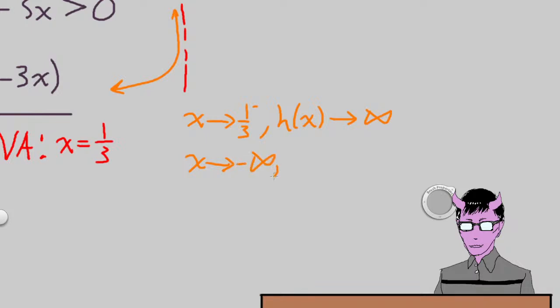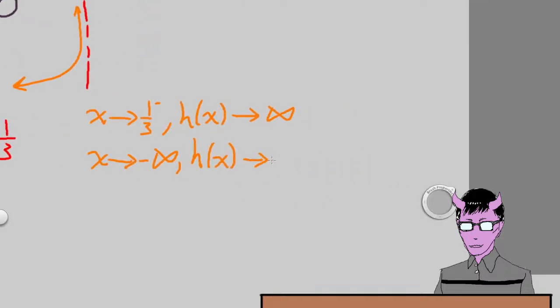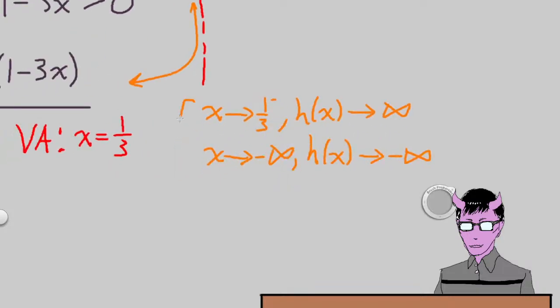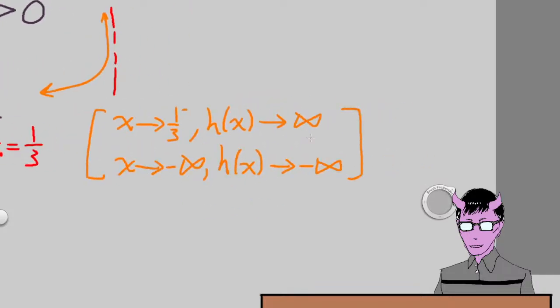Negative infinity, larger sized negative values, and then h of x also approaches large sized negative values. So end behavior is right here. And we'll be a little British right here. With the U. The funny U.